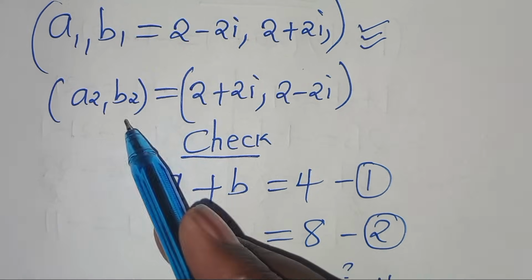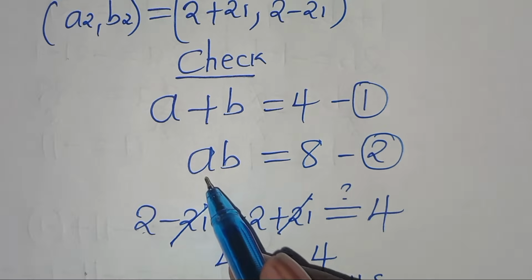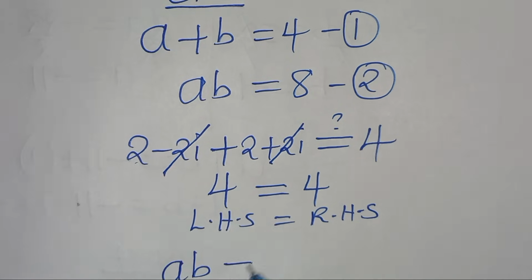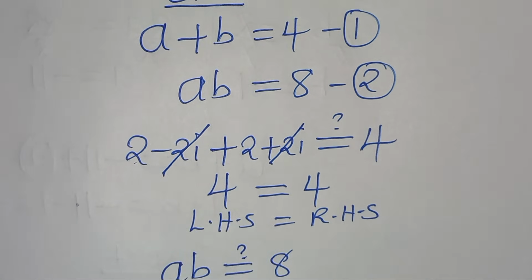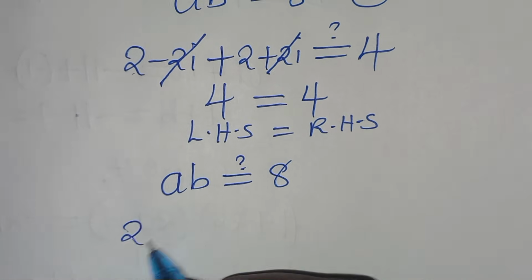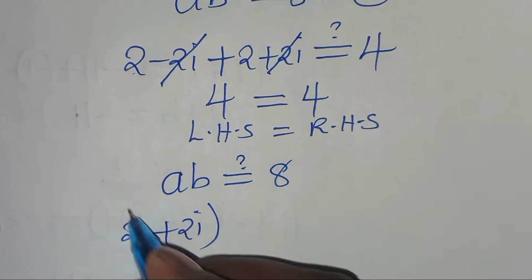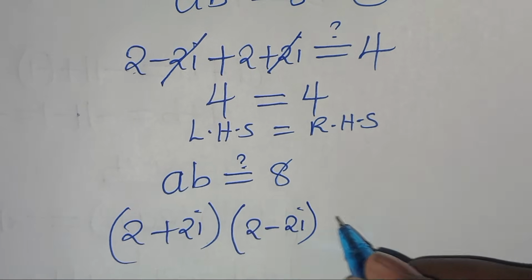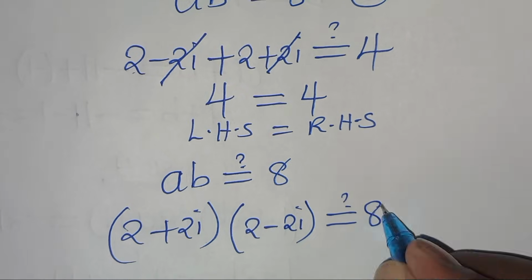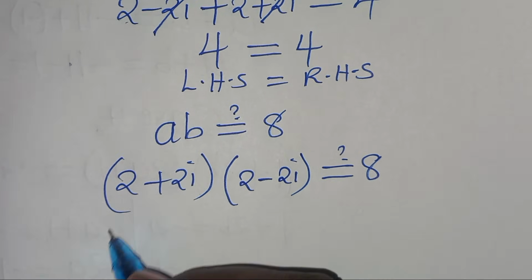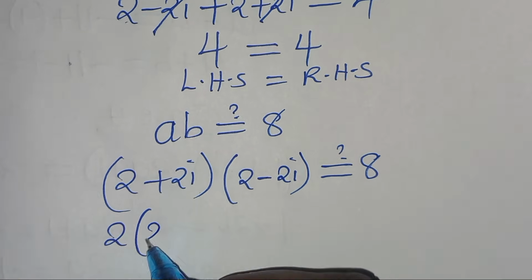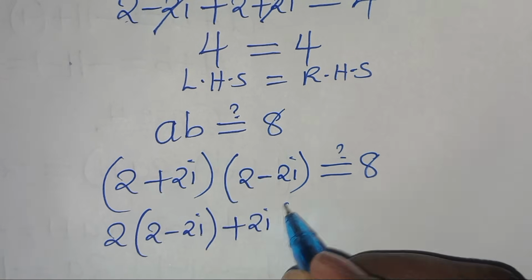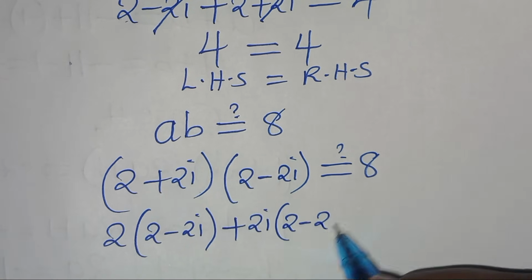Let's check a2, b2 by using equation 2. Equation 2 is a times b. This is supposed to give us a value of 8. So we have 2 plus 2i multiplied by 2 minus 2i. This is supposed to give us a value of 8. So this is 2 multiplied by 2 minus 2i plus 2i multiplied by 2 minus 2i.